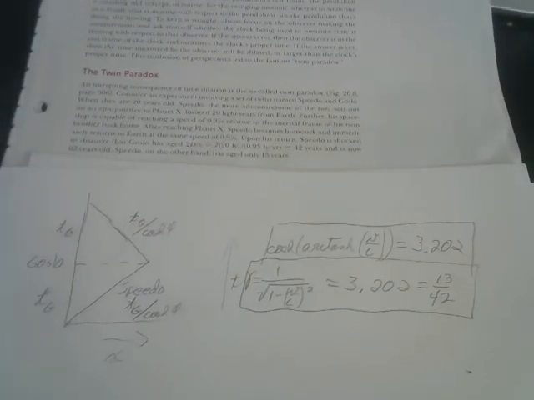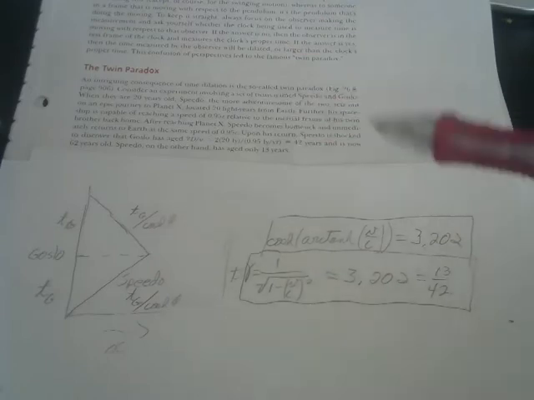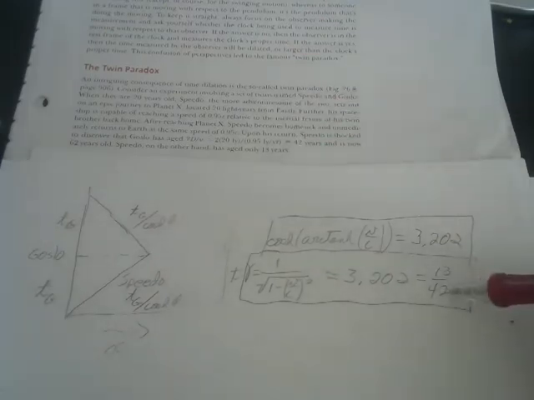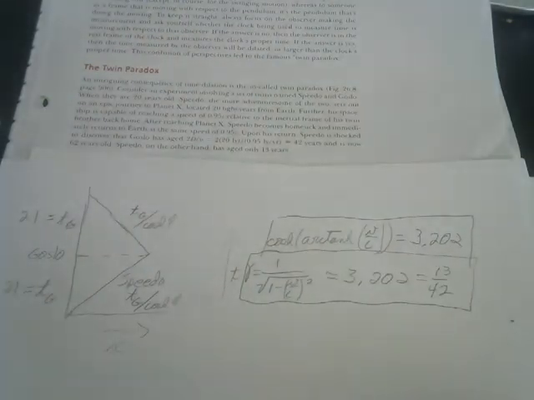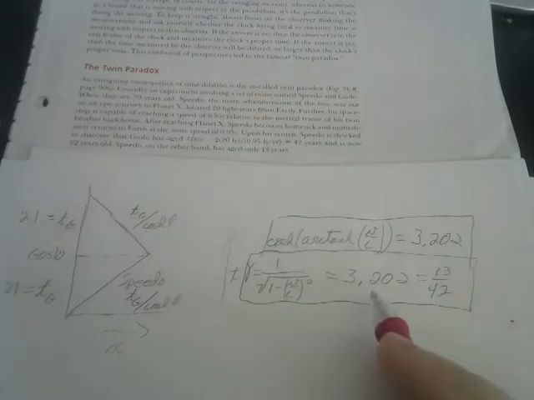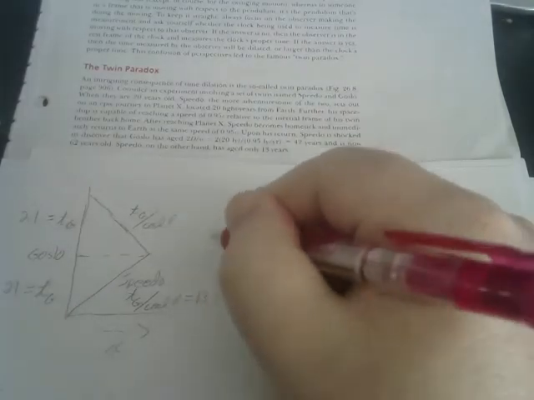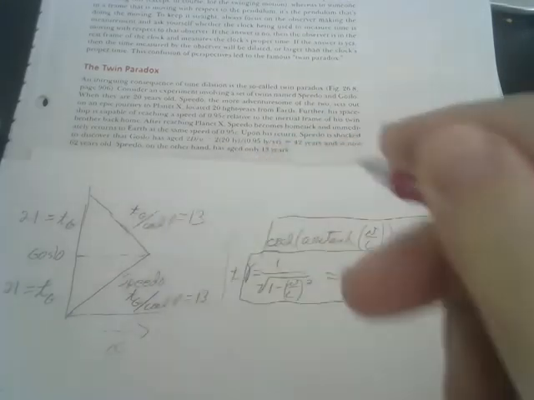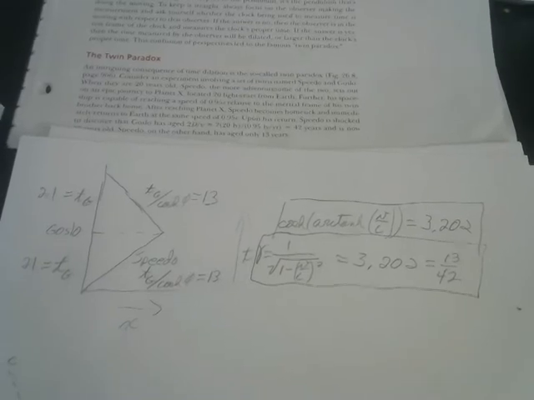Now, a space-time diagram of this situation looks like this, and Go Slow here ages 42 years, so 21 years for both of these parts, and then Speedo ages 13 years. Okay, so that's all well and good.